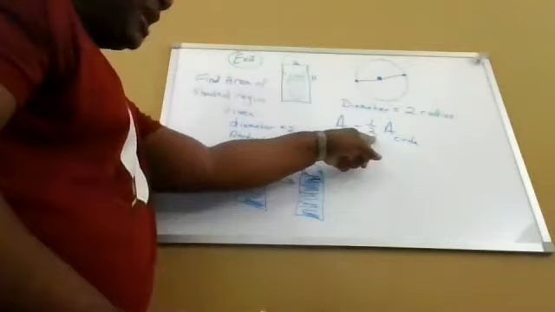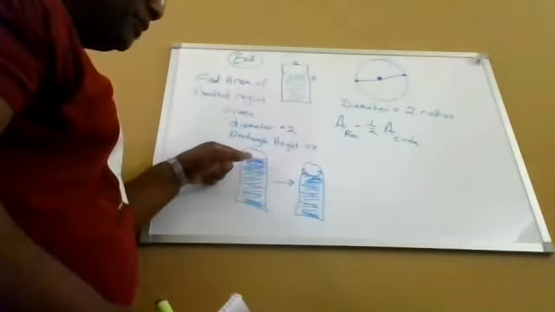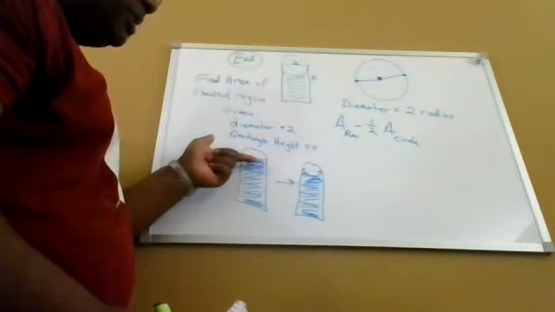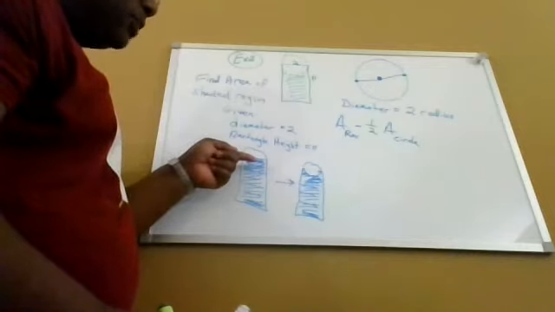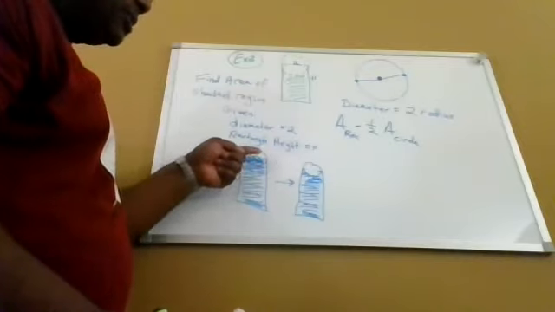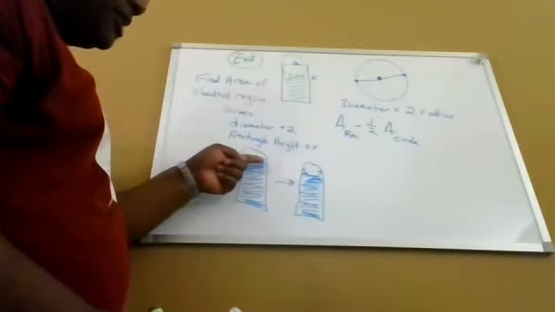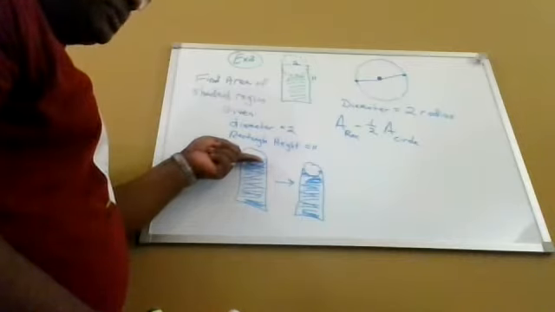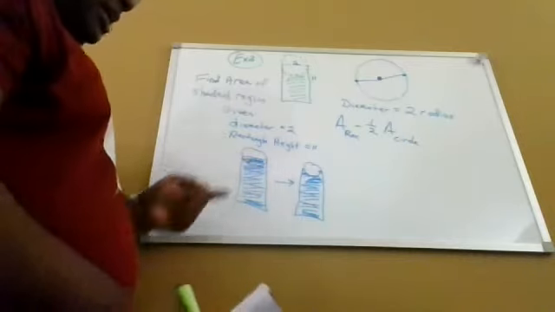And again, why is it half? Well, only half of the circle is included in my picture. So when I calculate the area, I don't need the area of the whole circle. I just need the area of half, the half of the circle that is beneath the diameter.